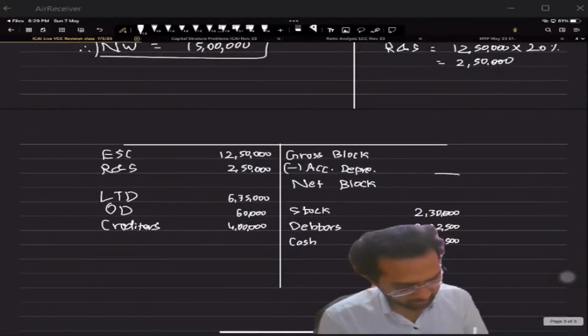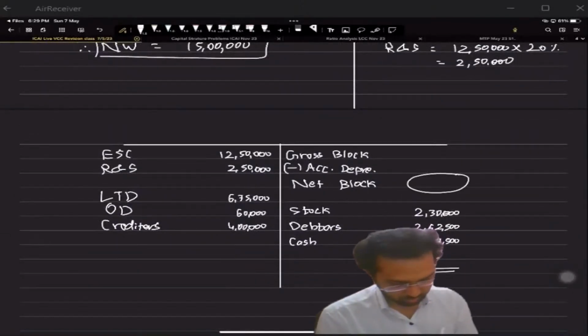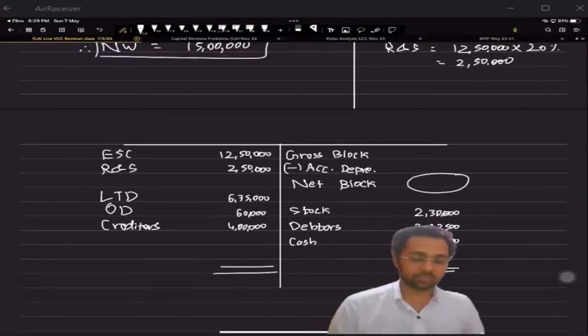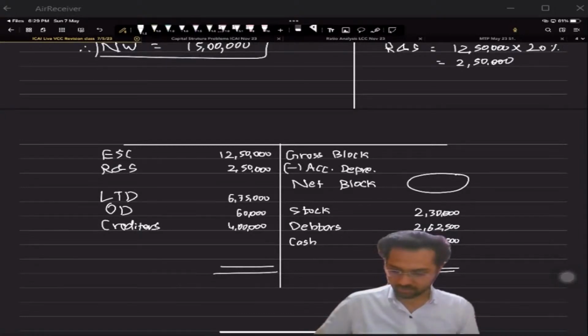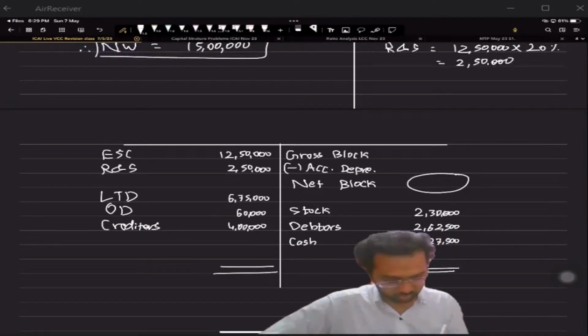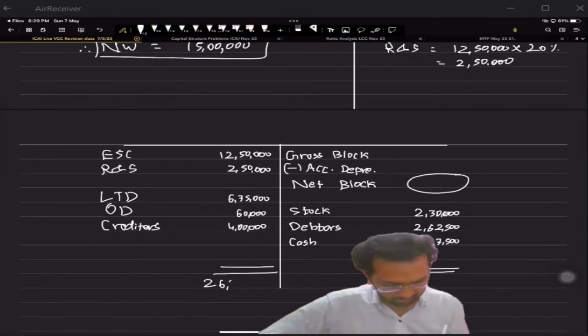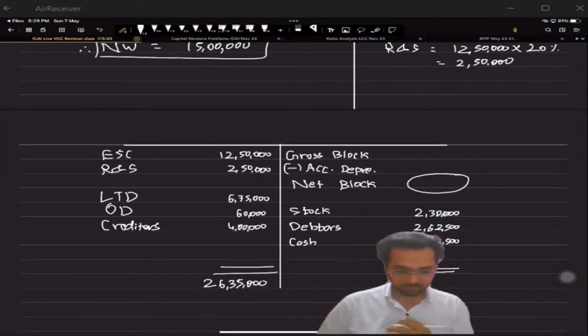So you can simply get the net block as a balancing figure for this balance sheet. The balance sheet totals at 12,50,000 plus 2,50,000 plus 6,75,000 plus 60,000 plus 4,00,000, so it totals at 26,35,000.